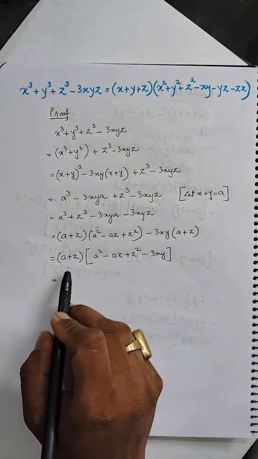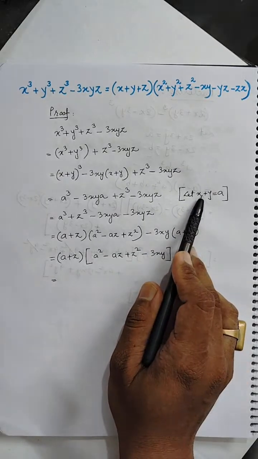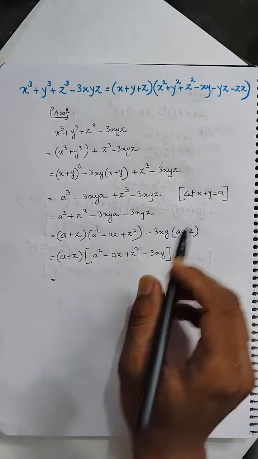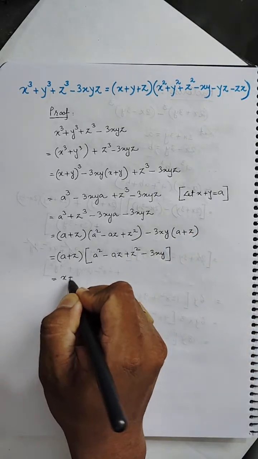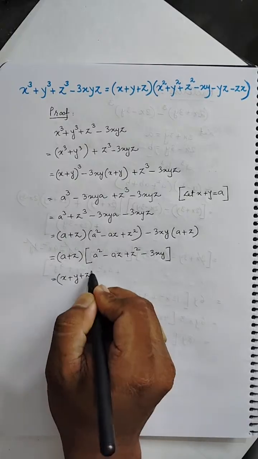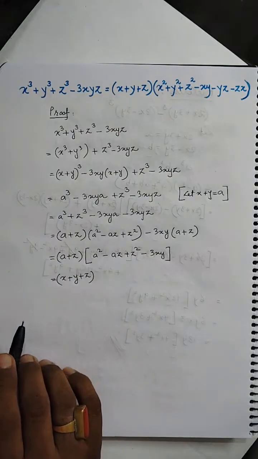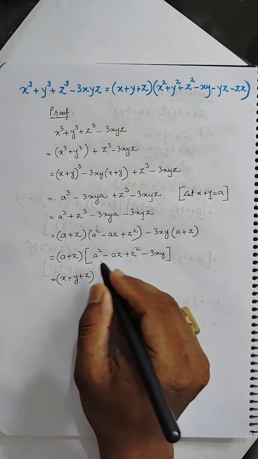So in the next step we are going to replace the a's with x plus y. This a, when replaced, will become x plus y plus z. As we can see, we are starting to get what we need. Then we have a square.